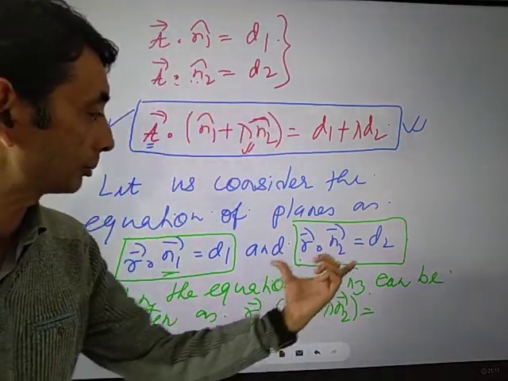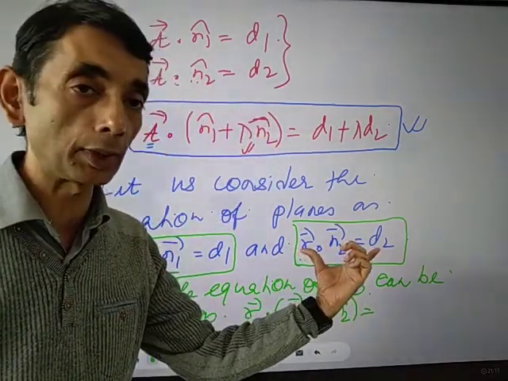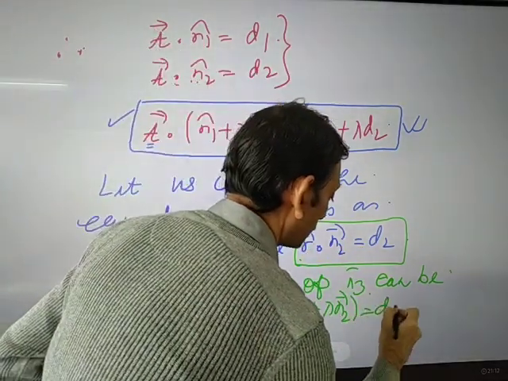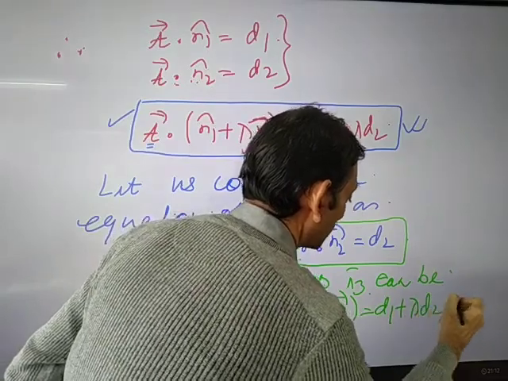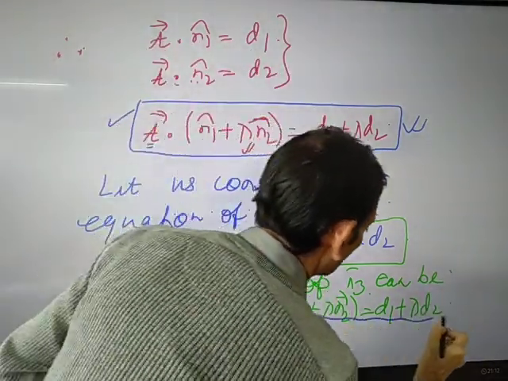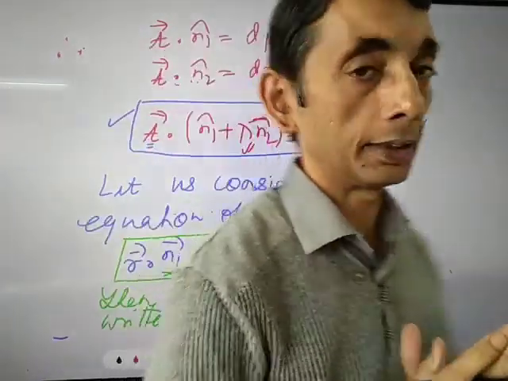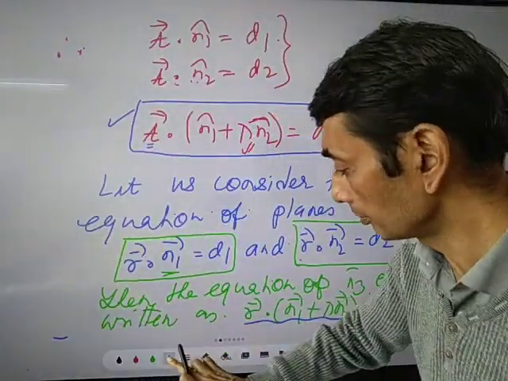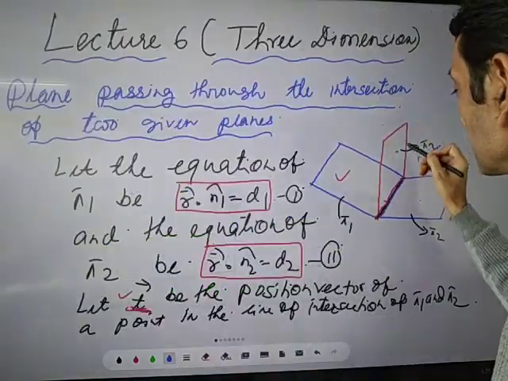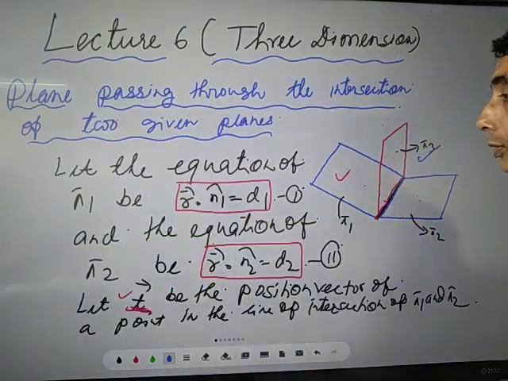The method is the same: we multiply the second equation by lambda and add it to the first one. This is a very important equation of a plane in vector form, which passes through the intersection of these two planes.